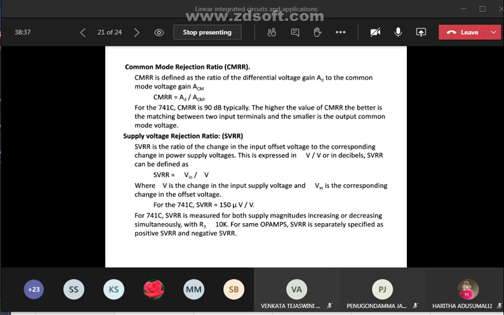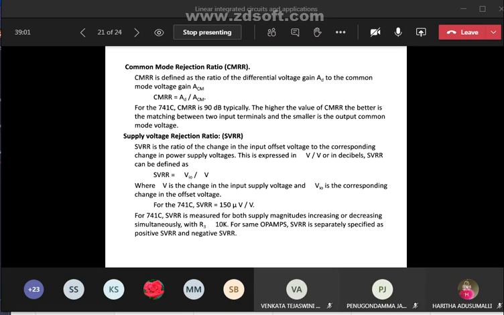Next one is common mode rejection ratio. CMRR is defined as the ratio of differential voltage gain to common mode voltage gain, so it is AD by AC. For the 741 op amp, CMRR is 90 decibels. Ideally it is infinity.